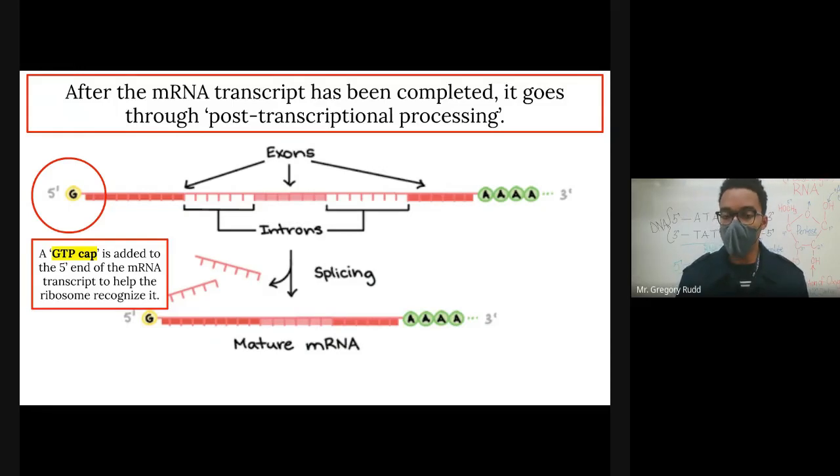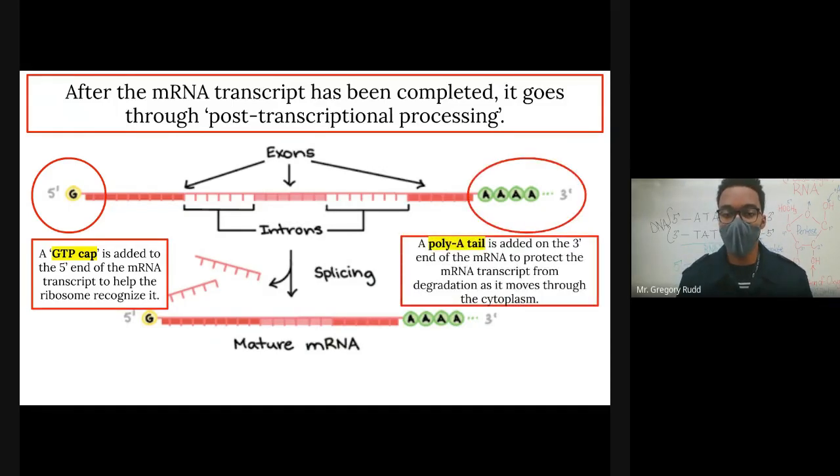There's also what's called a poly A tail that is added on the 3' end. Keep in mind that once the transcript has been made inside of the nucleus, it's going to have to leave the nucleus and travel through the cytoplasm.